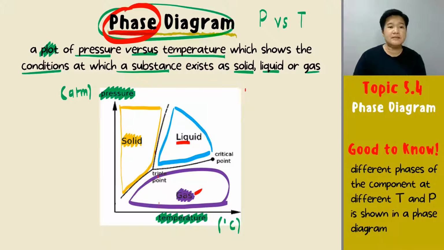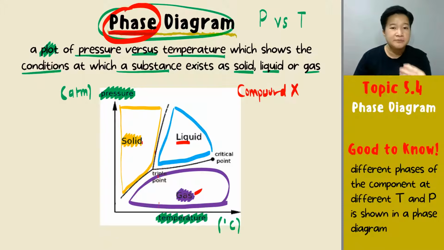So let's say this is the phase diagram of my compound or an unknown substance X. By using the phase diagram of this compound, we can identify what phase the substance exists in at a certain pressure and temperature.